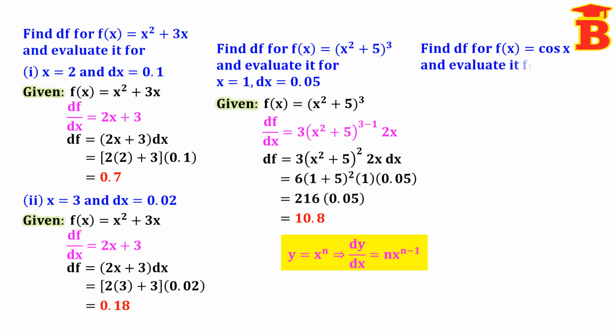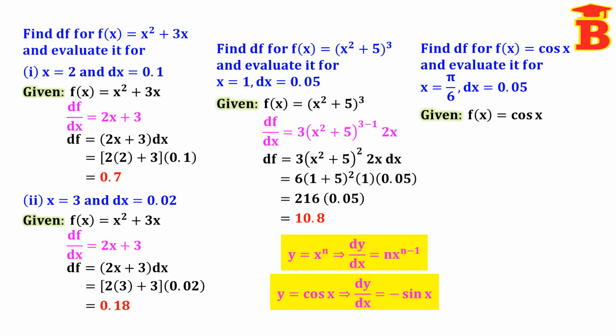Similarly, let us see the final problem. Find df for f of x equal to cos x and evaluate it for x is equal to pi by 6, dx equal to 0.05. Here given f of x equal to cos x. Differentiating this, cos x formula minus sin x.